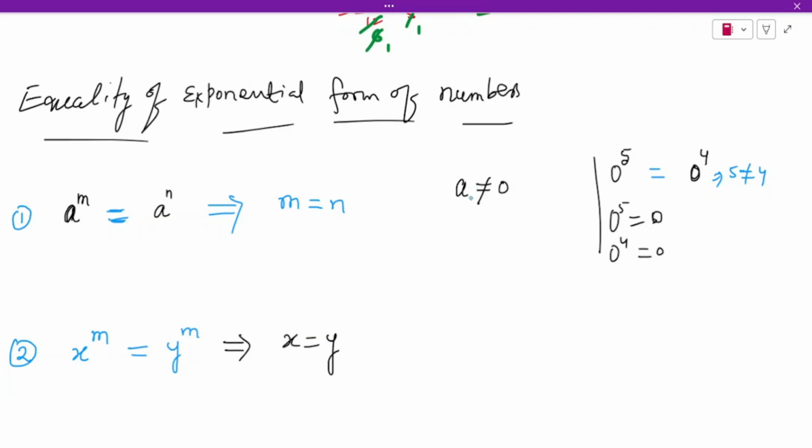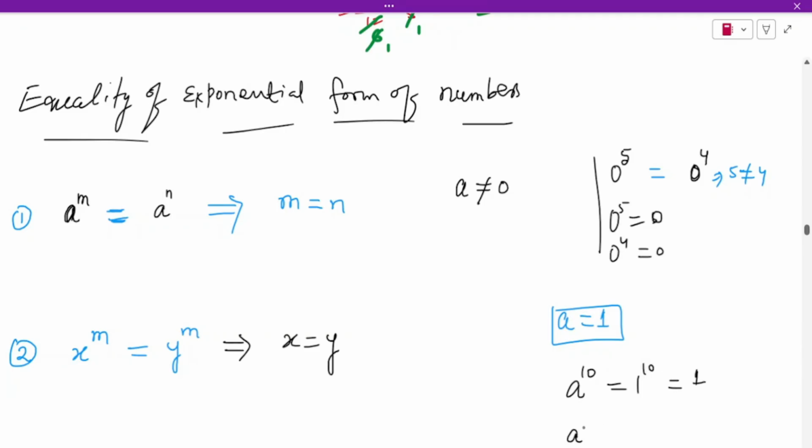We can cross verify this also for the base 1 as well. So if we are taking base a is equal to 1, then in that case also if we have a to the power of 10, it means 1 to power 10, which is also giving the value as 1.